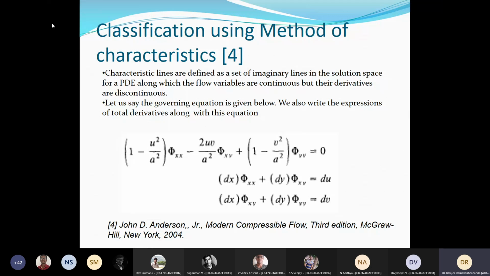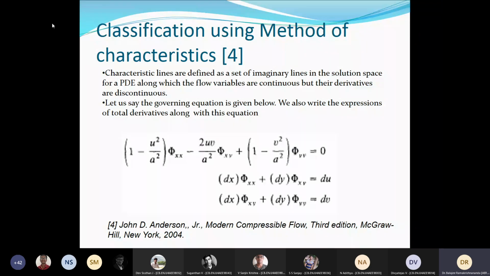We'll go to the derivation during chapter 8 in modern compressible flow. Here, the last two are basically expressions for du and dv. Du is dou u by dou x into dx plus dou u by dou y into dy. Similarly, dv is dou v by dou x into dx plus dou v by dou y into dy.